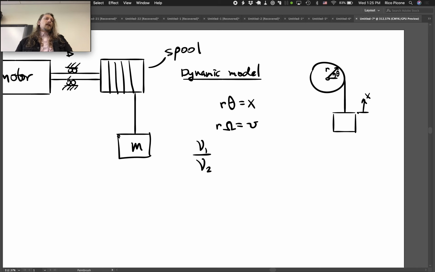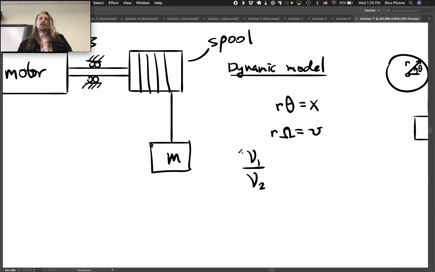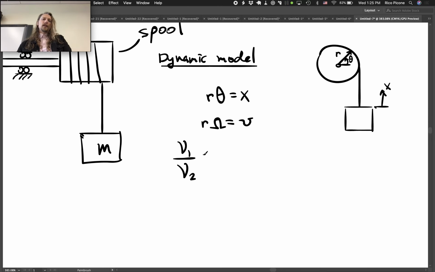Since our power flow in this problem is primarily going to be driven by this source, through the motor, through here, we'll call this the rotational side, side 1, and the translational side, side 2. So the across variable ratio is equal to the transformer ratio.